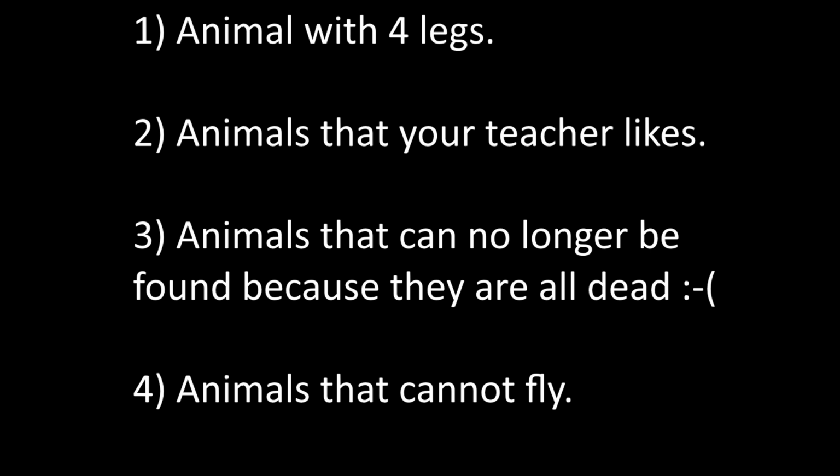let's continue. Okay, welcome back. And now the answer is number 3. Extinct animals are animals that can no longer be found on Earth because they are all dead. The word extinct is used to describe a living thing that doesn't exist anymore.